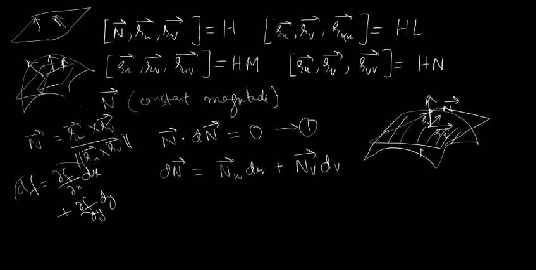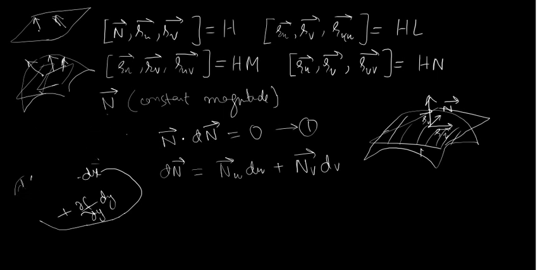Okay, so let me write this because I might need this space. Okay, this is my dn. Now look at this dn, so it is perpendicular to n.